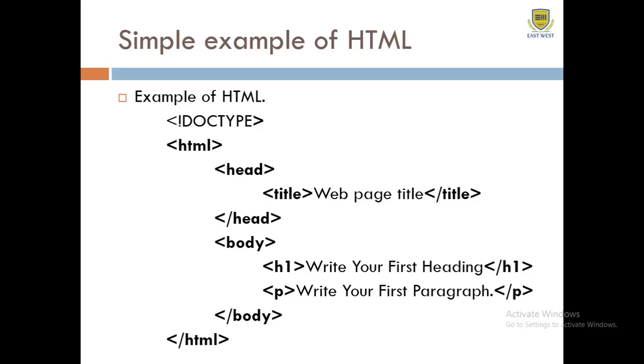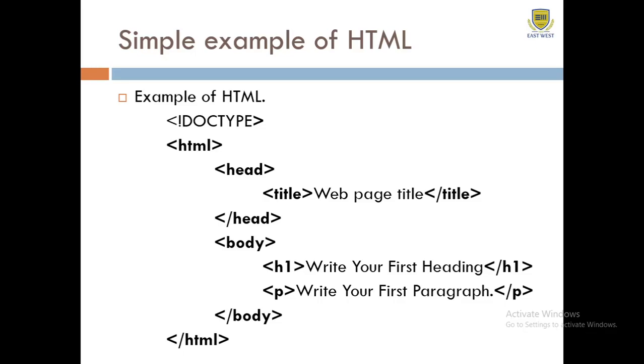Once the heading is given for a particular web page, next is to write the content within the body of the web page. Here this is the body tag I am using to write. There I am using h1. This h1 represents the heading size, whether it is h1, h2, h3, h4 up to h6. When h1 is used, it has a larger font size and a bold status.